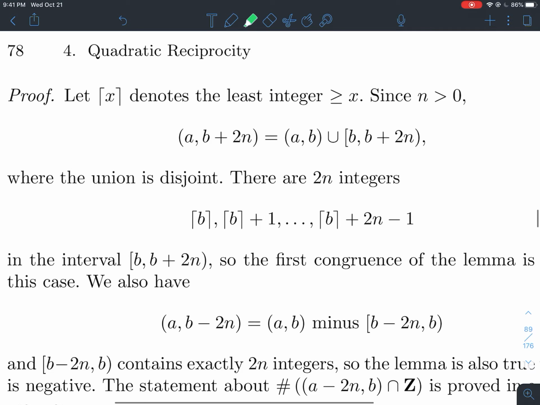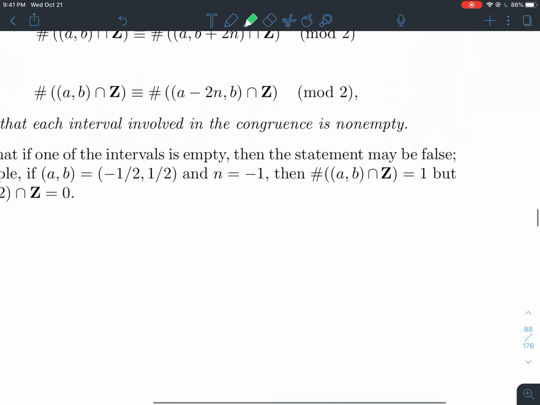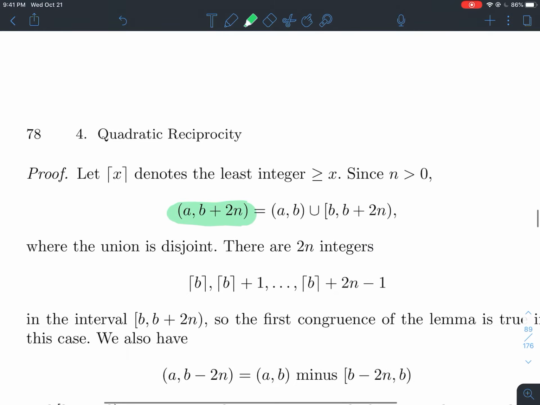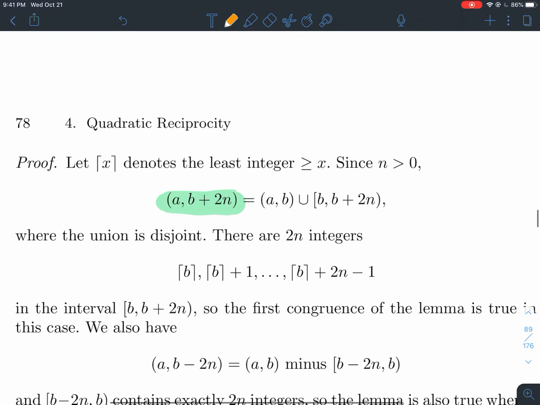What are we going to do now? I'm going to think about this interval from a to b plus 2n, and that's topical because that's one of these I'm supposed to consider. And we're going to start with n as a positive integer here. Then we'll do another case when n's a negative integer. But for right now, let n be positive. Then I'm going to take this interval from a to b plus 2n.